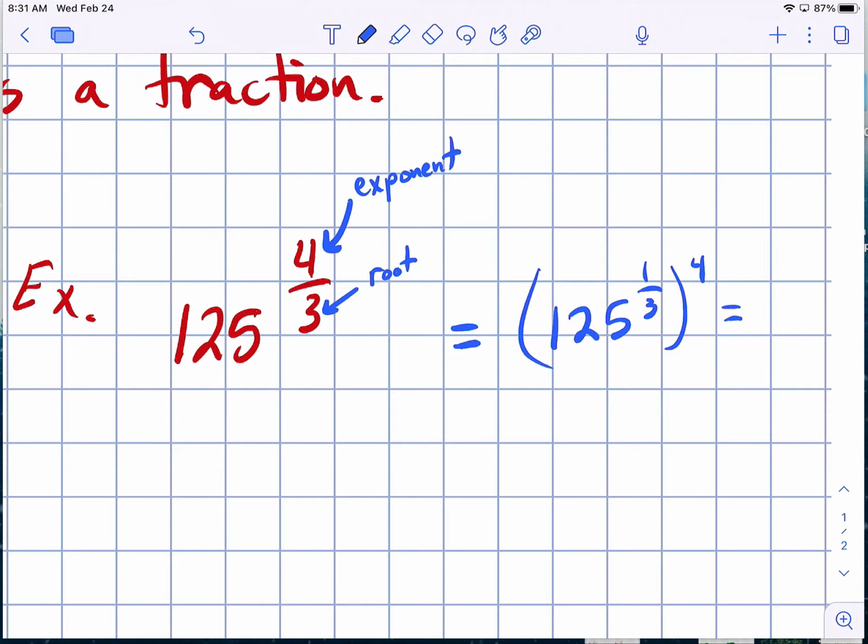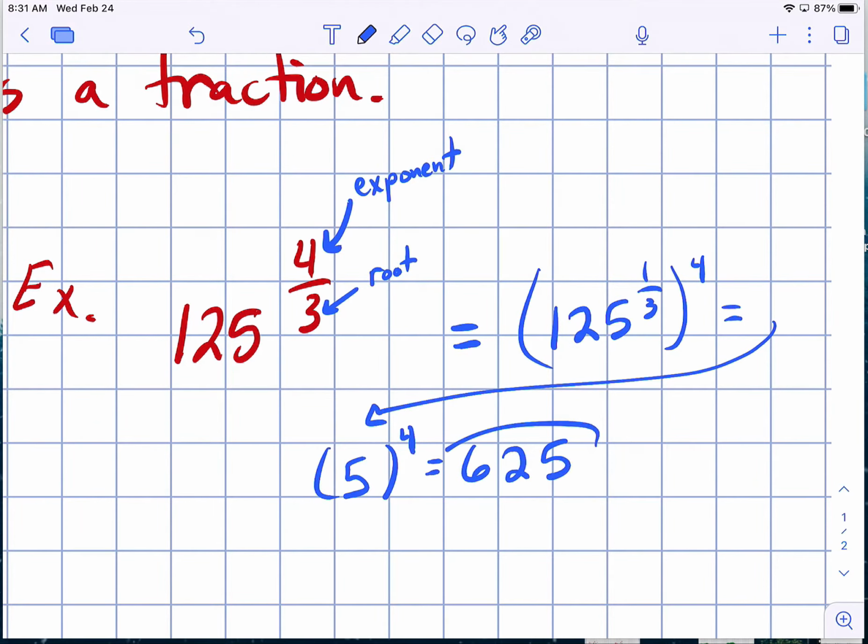So if I, again, grab my calculator, type in 3, the second key, use that little arrow button to get that radical symbol with the x in the corner, and then 125, that gives me 5. So let me go down here. So that means I have 5, and then to the 4th power, so 5 to the 4th power would be 625, would be my answer there.